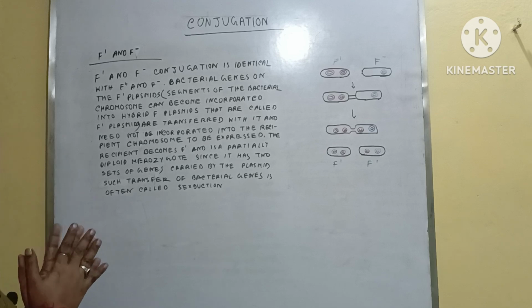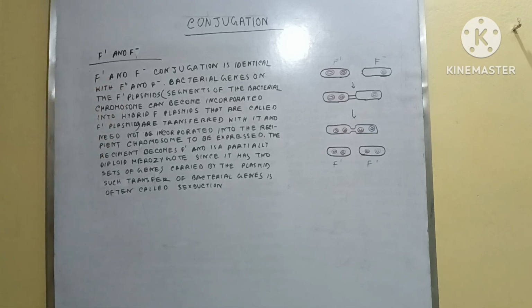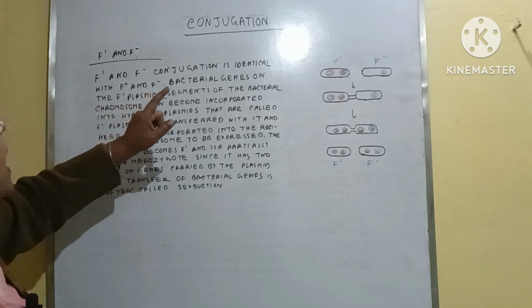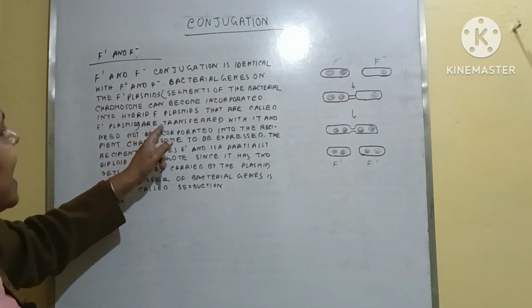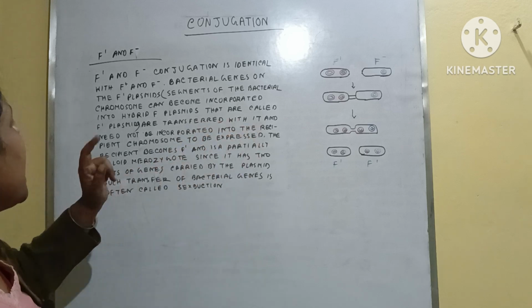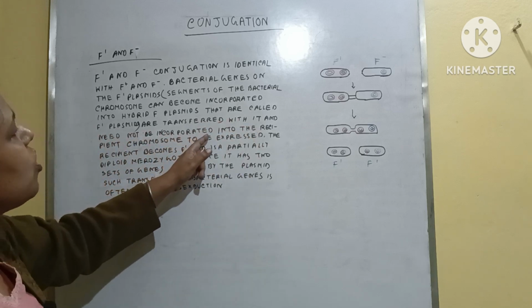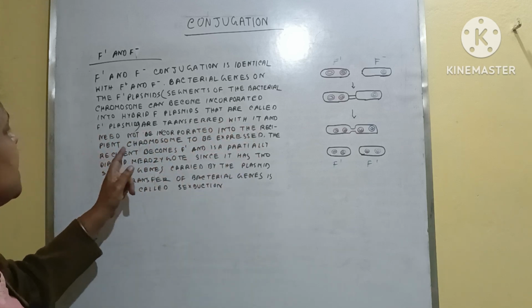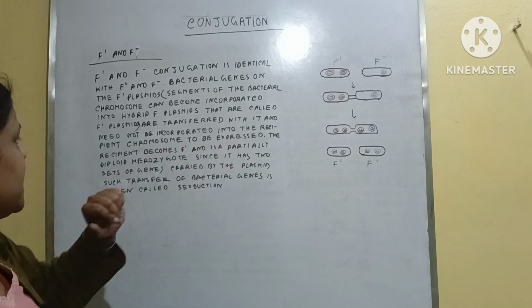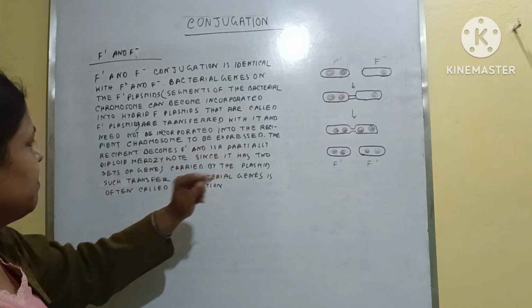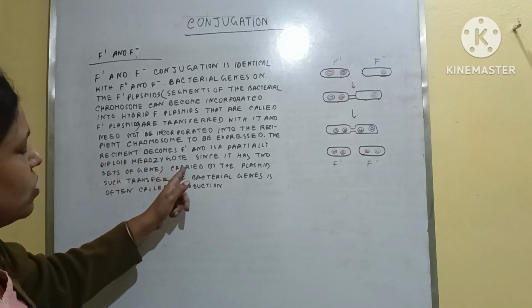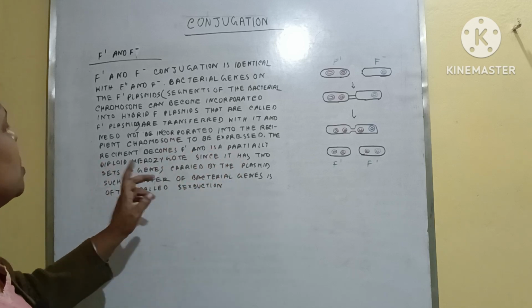Here the F dash and F minus conjugation is identical to F plus and F minus. Bacterial genes on the F dash plasmid are transferred with it and need not be incorporated into the recipient chromosome to be expressed, and the recipient becomes F dash and is a partially diploid merozygote since it has two sets of genes.